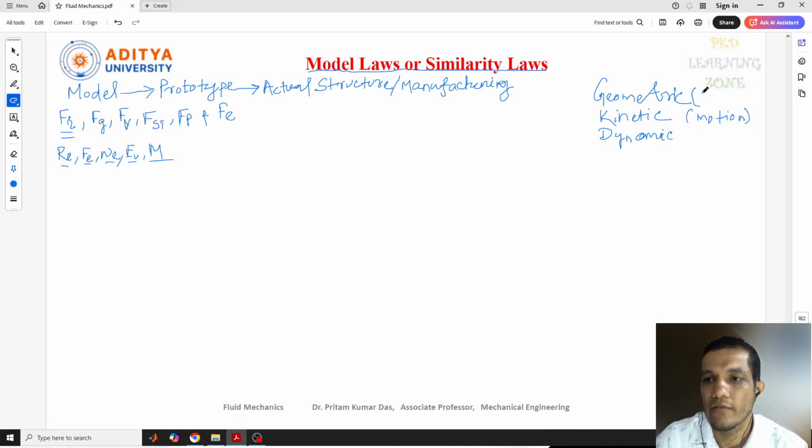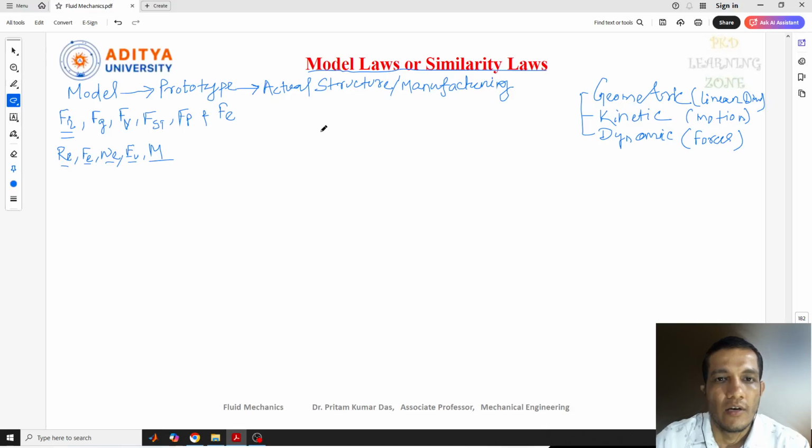And in dynamics, we discussed the forces which are acting on the fluid flow. This dynamic quantity is very important in fluid flow. So these are the three kinds of dimensions.